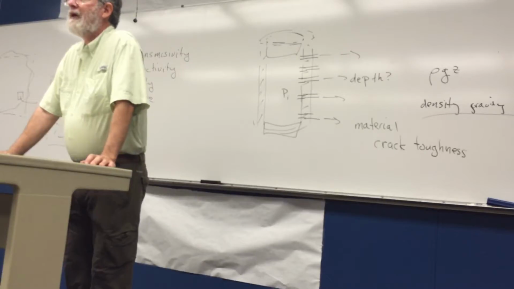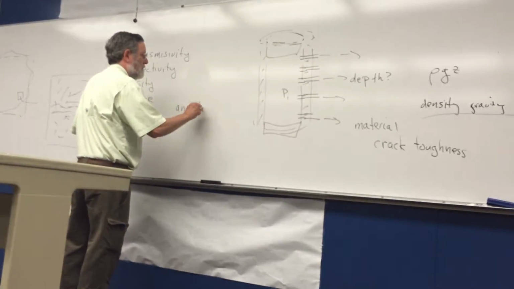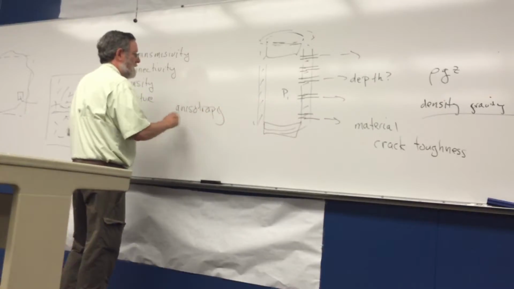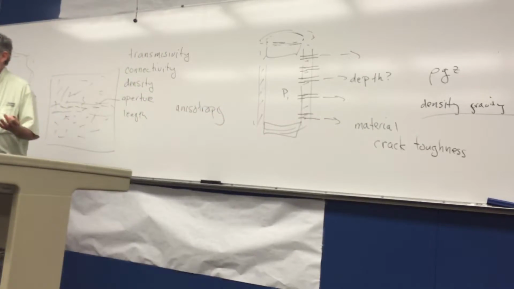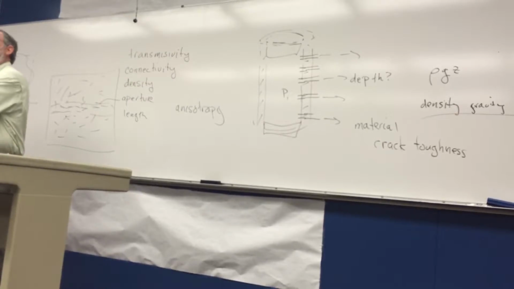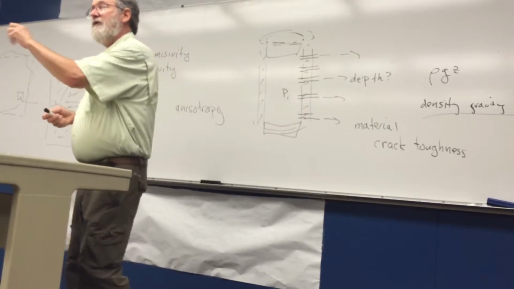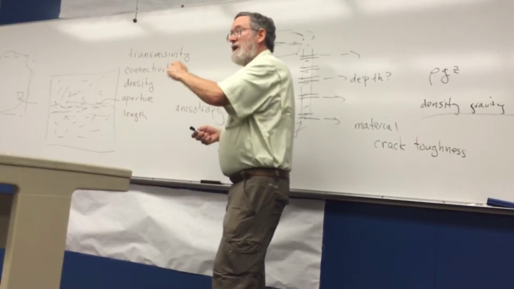Anisotropy. A material that is isotropic has the same basic material properties in all directions. A material that is anisotropic will have differing material properties in each direction.